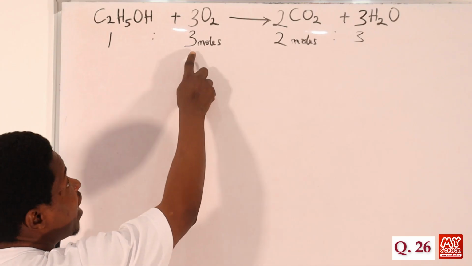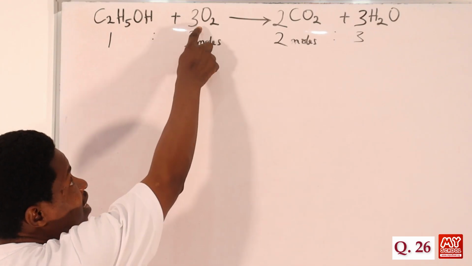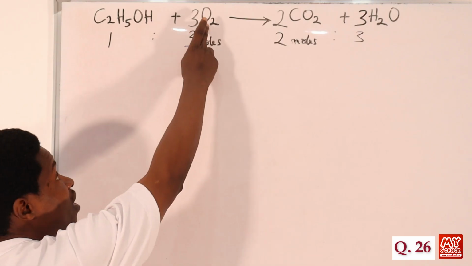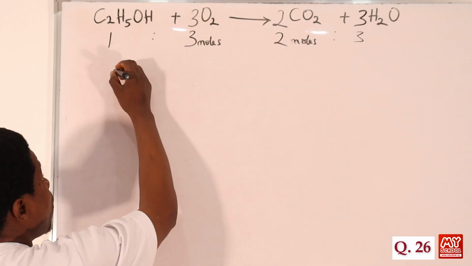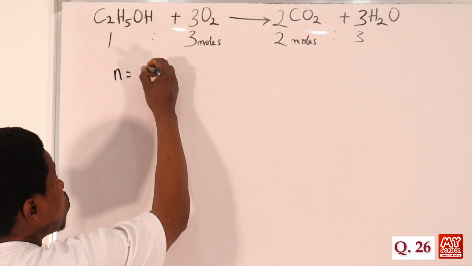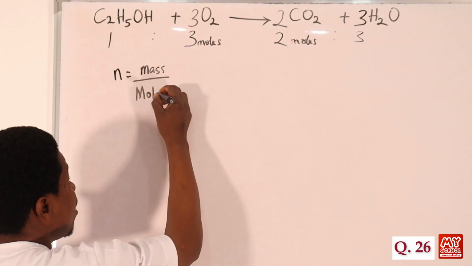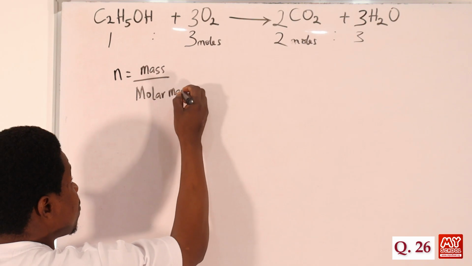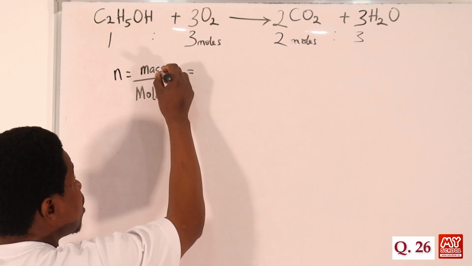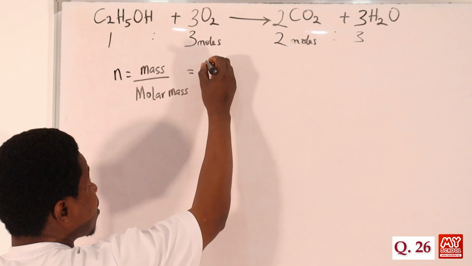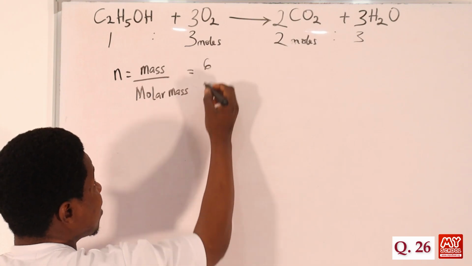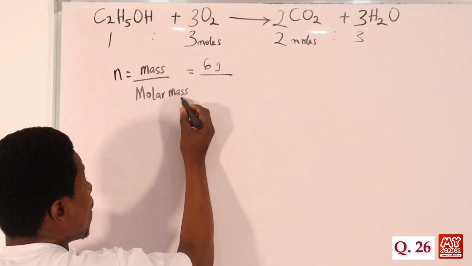First we need to find the number of moles of that 6 grams of oxygen. Don't forget that number of moles is equal to mass over molar mass. We are given already that the mass of oxygen is 6 grams. So 6 grams over the molar mass of oxygen.